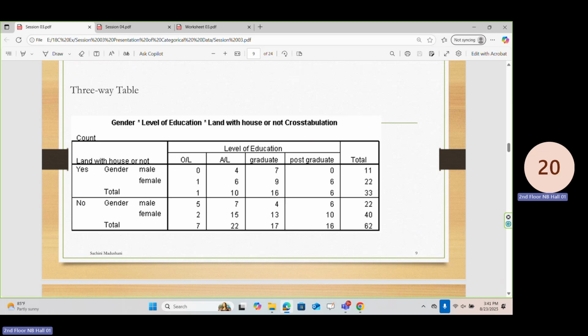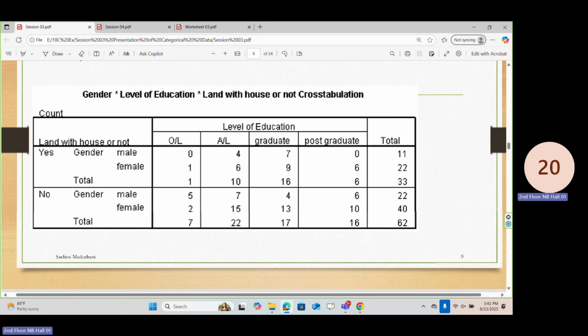Now this table shows three categorical variables and the total values. Row totals, column totals, and the grand total are there. Okay. Then how do we interpret this result? Now we need to consider the three categorical variables. How do we interpret about this table? Do not tell the total number of questions.